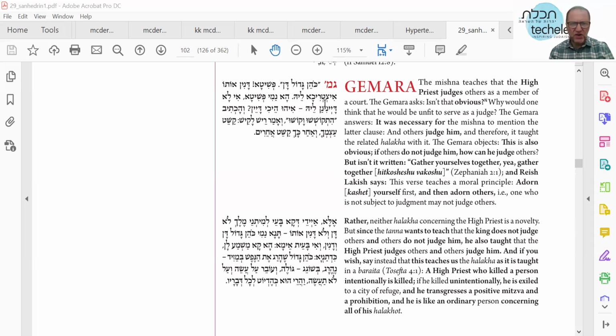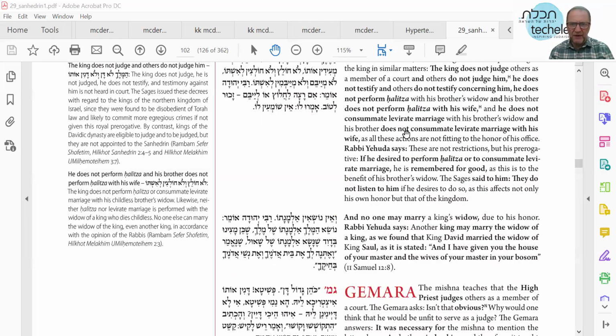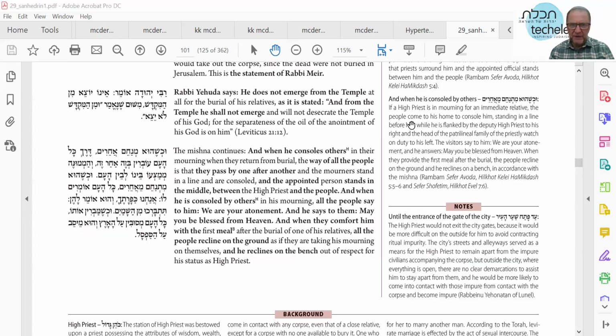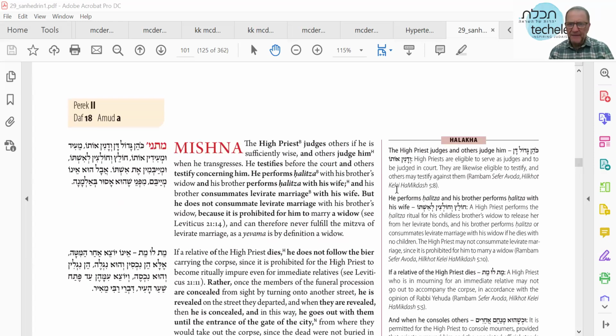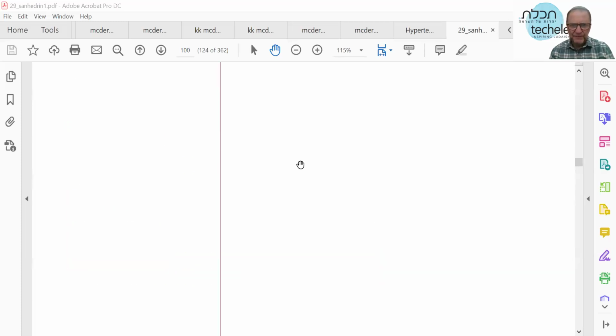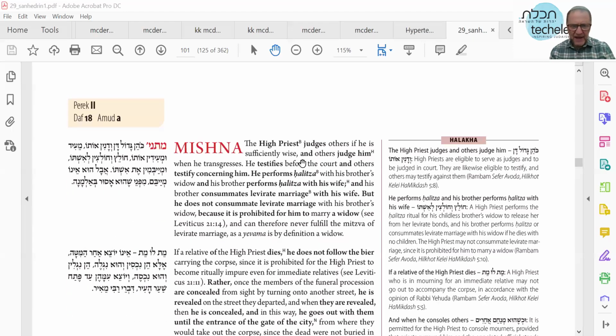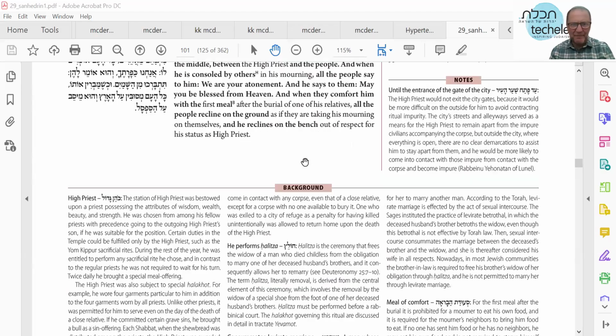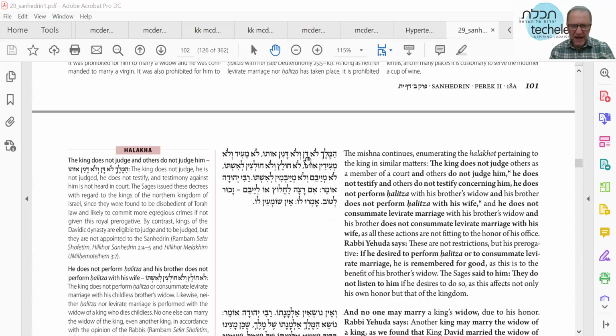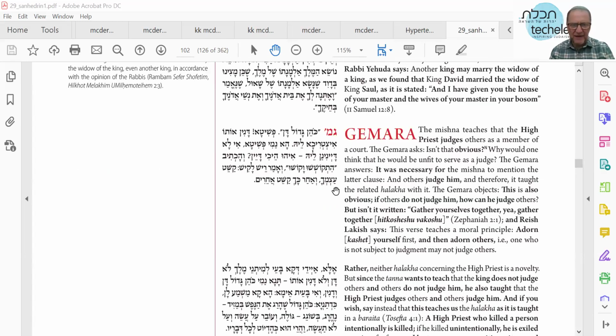So the first question it asks is, it goes to the Mishnah. Let's just have a look at what the Mishnah began with. Further up the page, there it is. It begins with Kohen Gadol Dan. Okay, the high priest can judge and he can be judged. Okay, so now the Gemarah is going to talk about this.